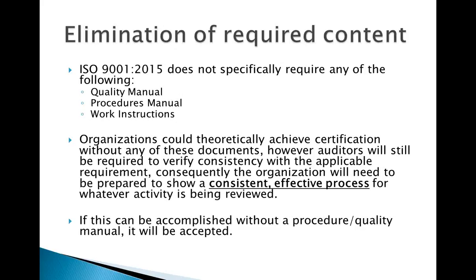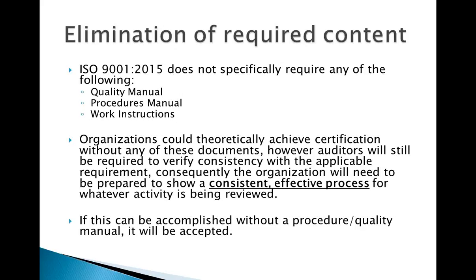Now, our analysis on this is as follows. Can an organization achieve certification without any of these documents? Absolutely, yes. However, auditors are still going to be required to verify consistency with the applicable requirements.